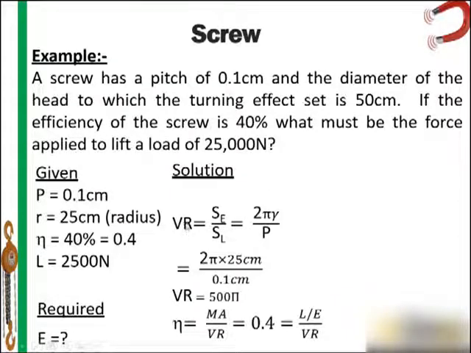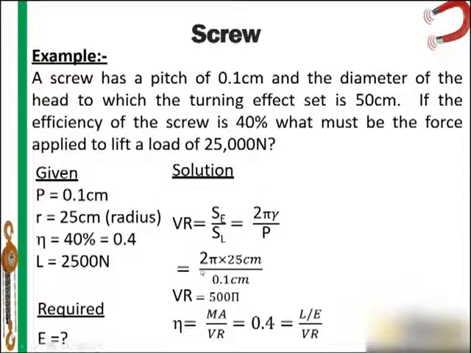Well, we know that the velocity ratio is equal to the effort length divided by the load length, and we can write that as 2 pi r over p, where 2 pi r just represents the circumference of the screw.